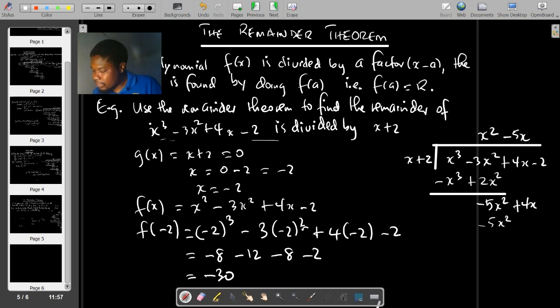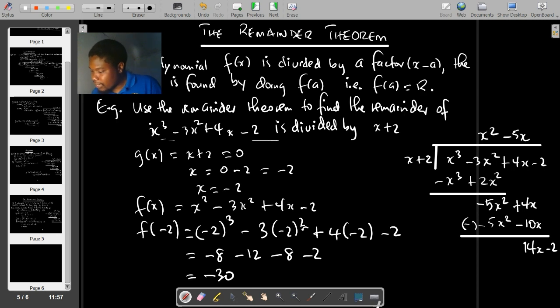Negative 5x times 2 is minus 10x. You subtract, and you end up getting negative 5x squared minus negative 5x squared is 0. Positive 4x minus negative 10x, you end up getting 14x minus 2.